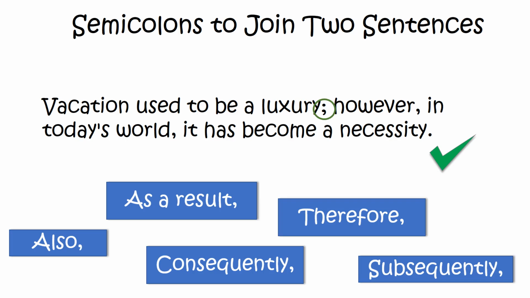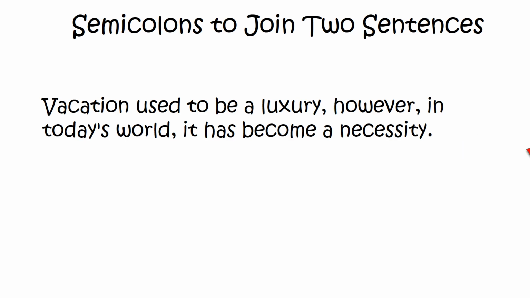I should just say, don't overuse semicolons. If you overuse semicolons, you'll just annoy your readers. I must also tell you that you cannot put a comma before a conjunctive adverb or a transitional phrase. That is a mistake called a run-on error, and it's a very common mistake, especially with the word however.